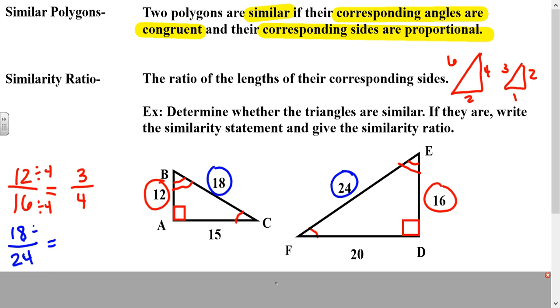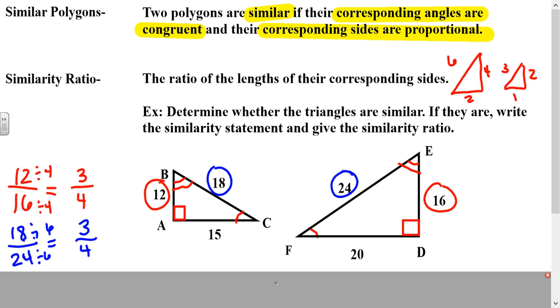And I can divide both of these numbers by 6. So we've got dividing by 6, dividing by 6, and so we get 3/4.